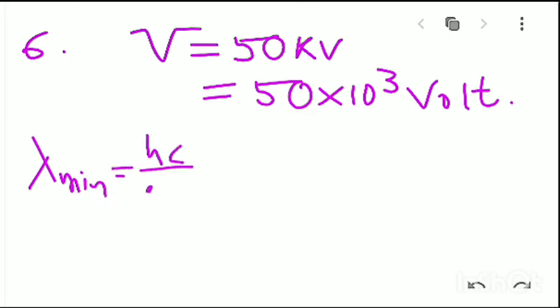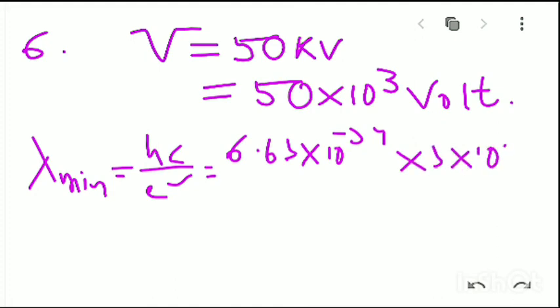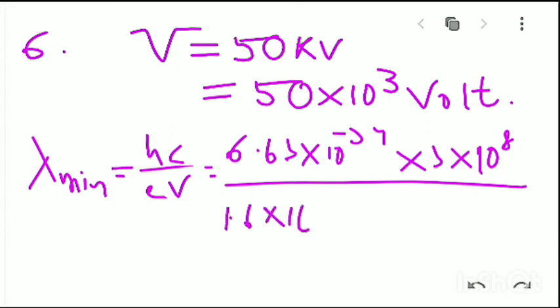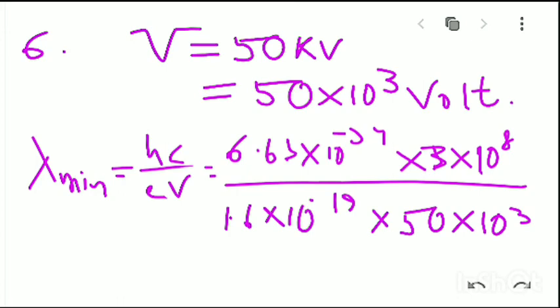hc by eV. So 6.63 into 10 to the power minus 34 into 3 into 10 to the power 8, that's the velocity of light, c, by e. Sorry, the writing is not okay here. Let's read properly: 1.6 into 10 to the power minus 19 into 50 into 10 to the power 3. Clear? Just put the values in your calculator.